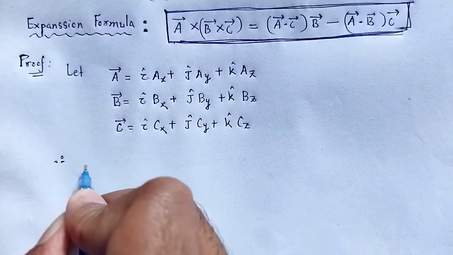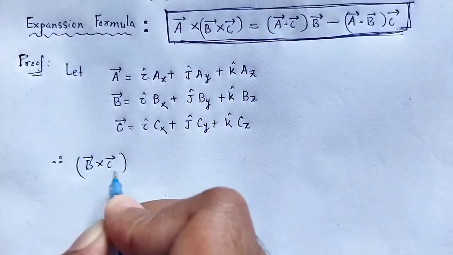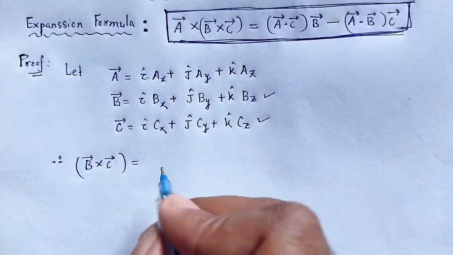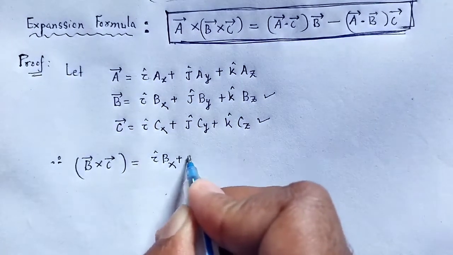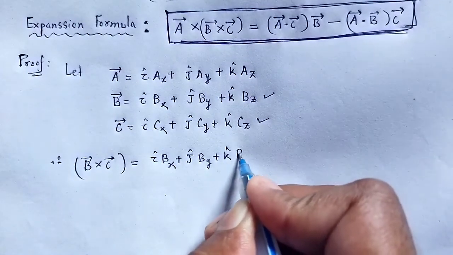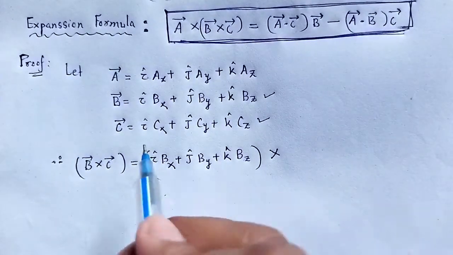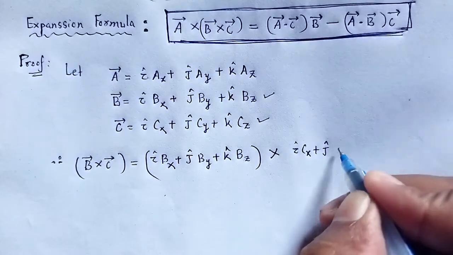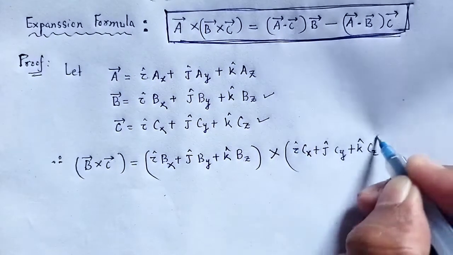Therefore, the value of B cross C: B vector cross C vector, that is (i cap Bx plus j cap By plus k cap Bz) cross (i cap Cx plus j cap Cy plus k cap Cz).